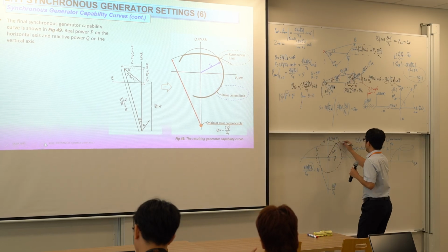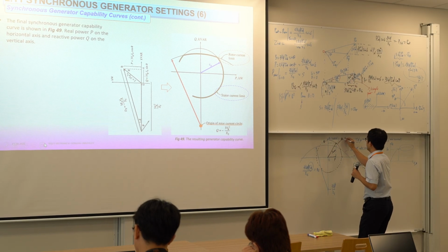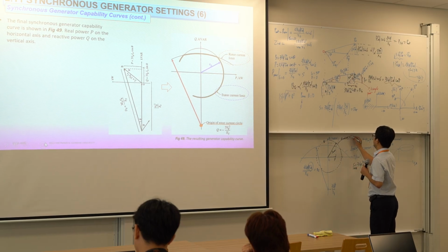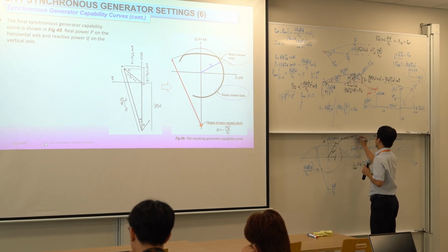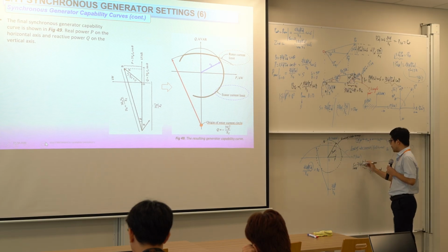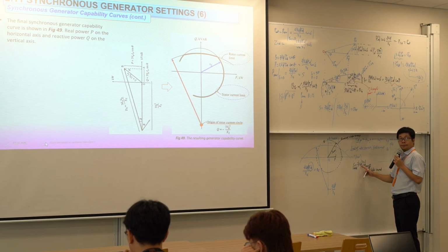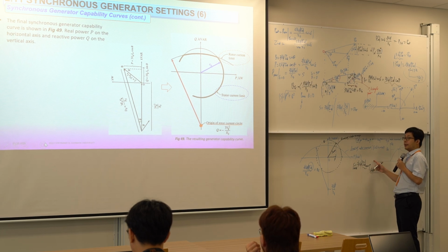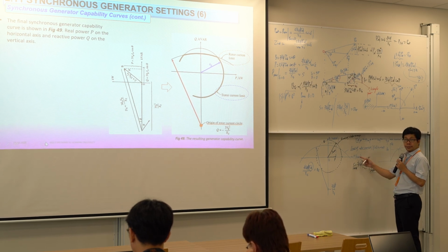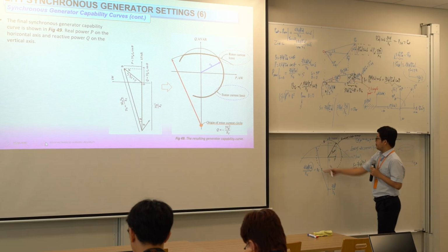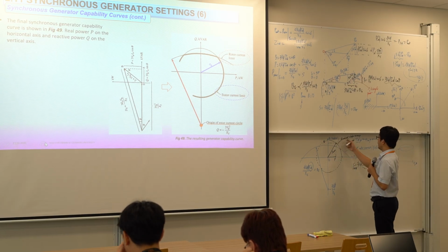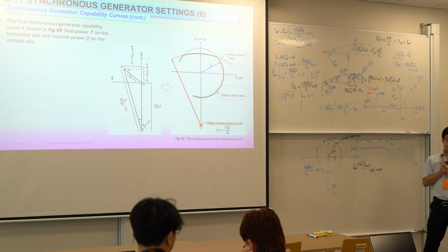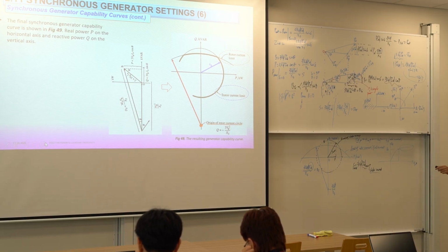This curve is the limit of what? Of stator current. Because V phase is constant, if we increase IA, that means we increase stator current, and S will increase. After some time you hit the maximum, so the boundary is the limit of stator current. This curve.